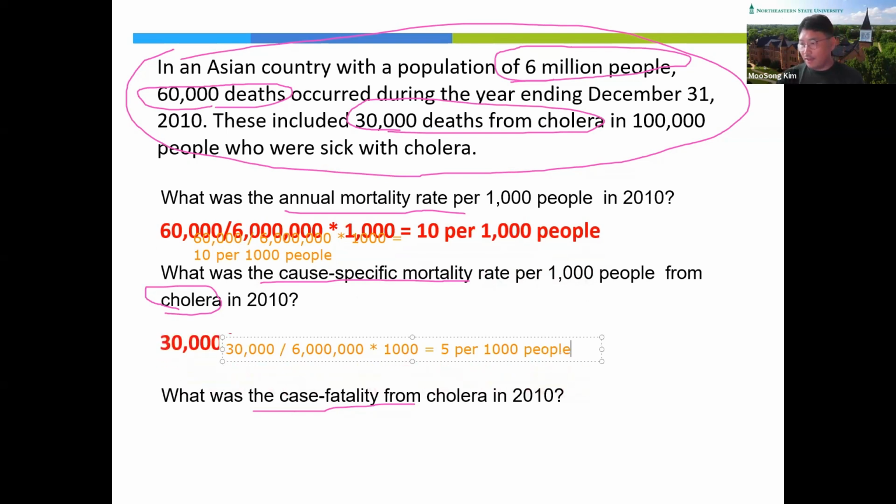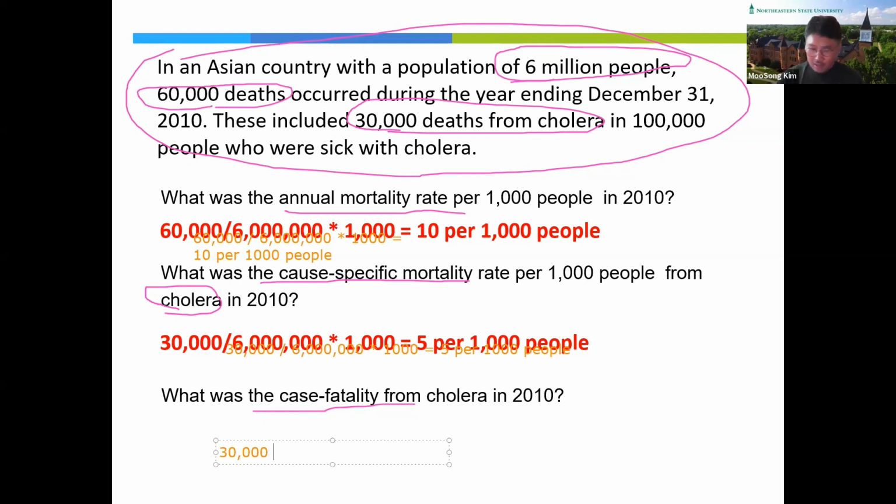And then case fatality rate. So case fatality rate is for a certain disease, right? So for number of deaths from cholera, we still use the 30,000, right? Over, do we need to use the total population or not?